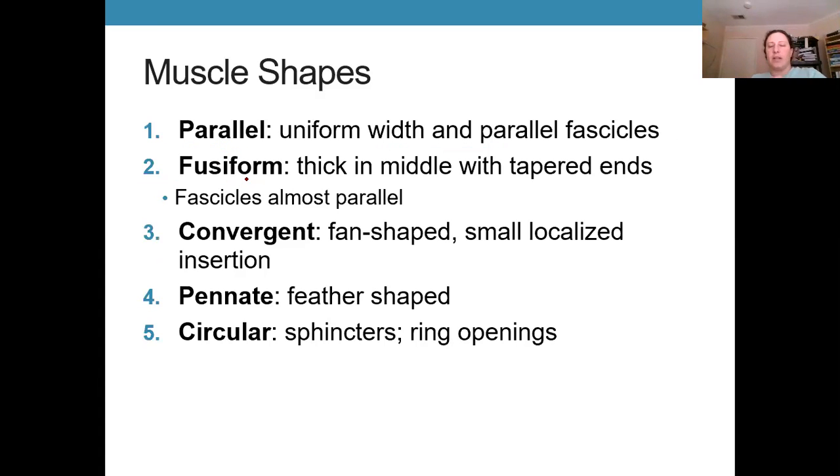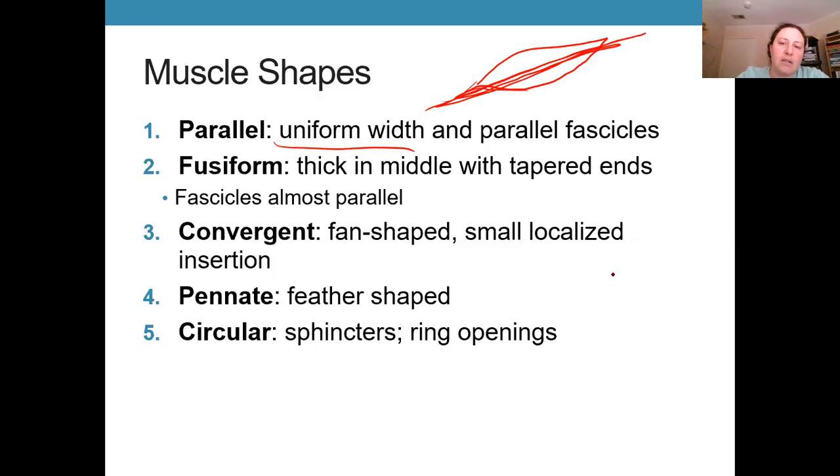We'll go through them one at a time, but these are the overviews. Parallel is when the fascicles are all literally running the same direction as the tendon, and the entire muscle is of uniform width. Fusiform, you may remember, means that it's tapered on either end and bulging in the middle. So it's similar to parallel, but it's thicker in the middle, and the tendon's running all the way through.